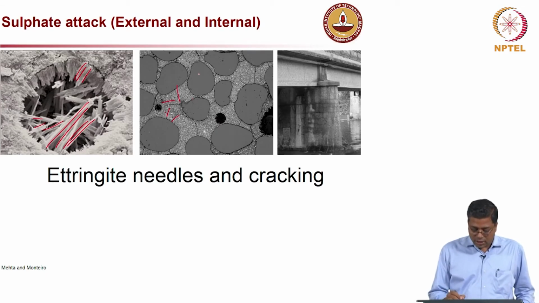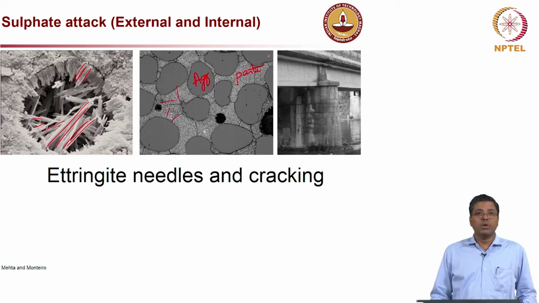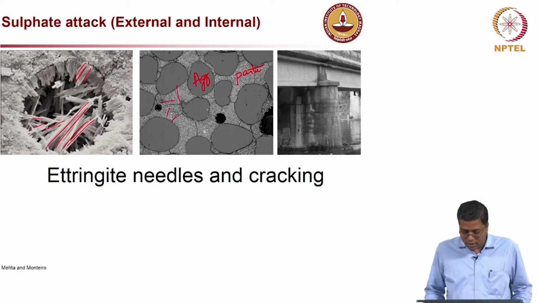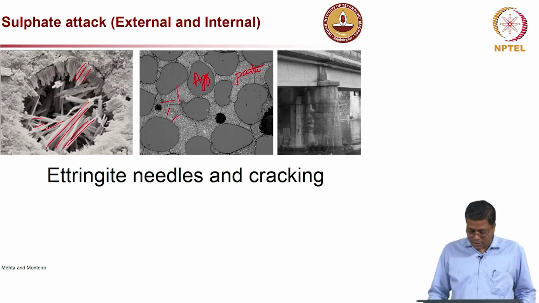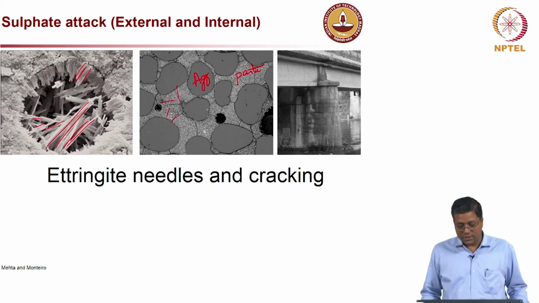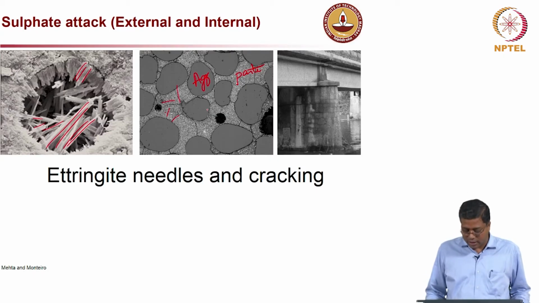You can see this is an aggregate, and this is the cement paste. You can see significant cracking all along the cement paste and along the boundary between the aggregate and cement paste, or ITZ. So, the system is not really an integral system when you have significant cracking like this.